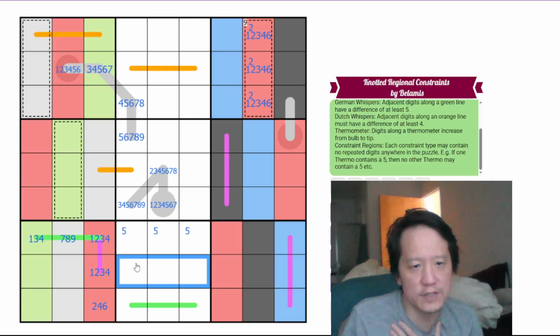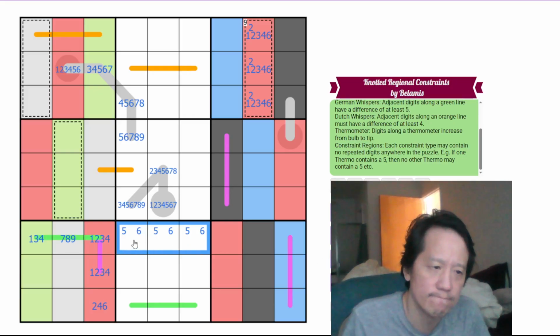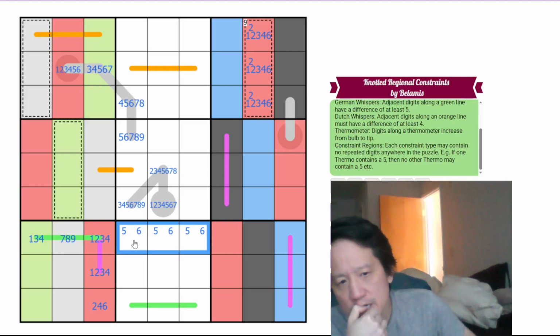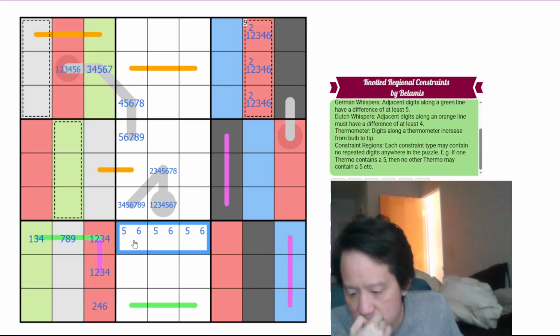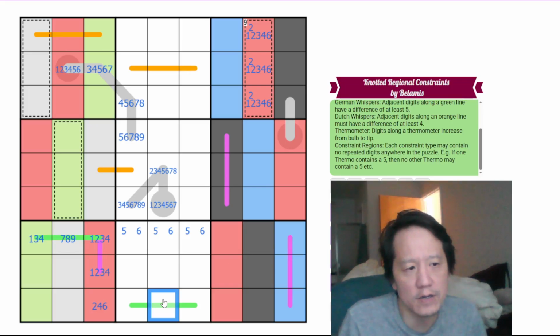Which means this can't be 6, this can't be 6, so this has to be 5 and 6 here. That's interesting. Does it tell us anything? Not particularly. Can you have low, low, and high here?